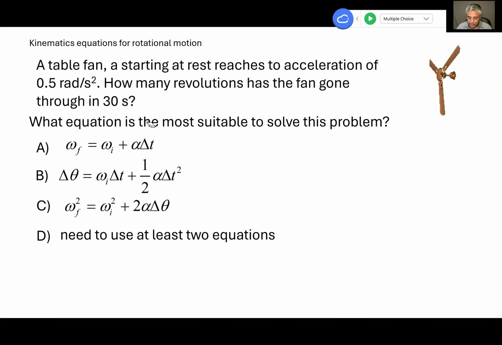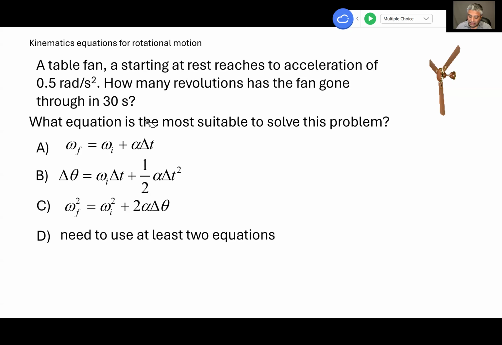And here is a question. To solve a kinematic equation problem, what do we do? Just like solving any problem, we sketch the situation, note down the things that we know, and note down the things that we are looking for. Then based on that, we choose the one most suitable equation. If possible, we just solve with that equation. If not, we may have to use two equations, right?